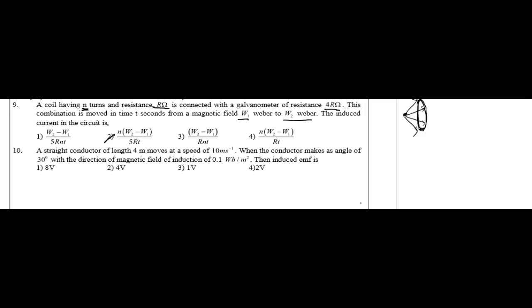A straight conductor of length 4 meters moves with a speed of 10 meters per second. The conductor makes an angle of 30 degrees with the direction of a magnetic field of induction 0.1 Weber per meter square. Then the induced EMF is, this is motional EMF.